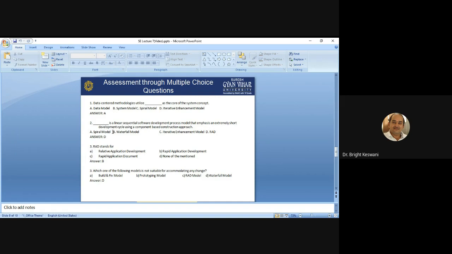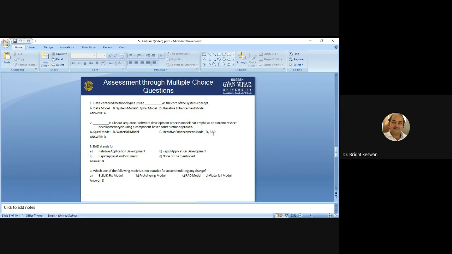In the second question, dash is a linear sequential software development process model that emphasizes an extremely short development cycle using a component-based construction approach. From the four options, first is spiral model, second is waterfall model, third is iterative enhancement model, and fourth is RAD, rapid application development model.